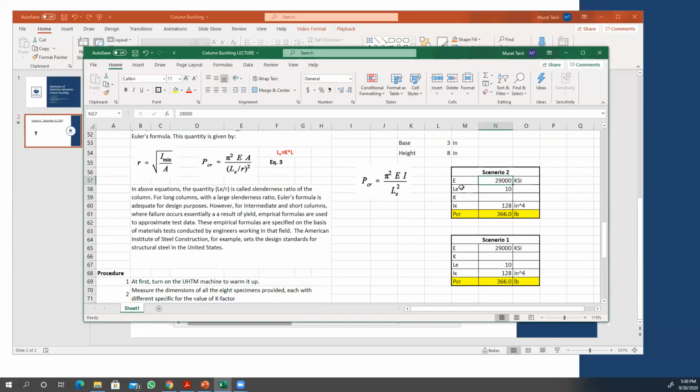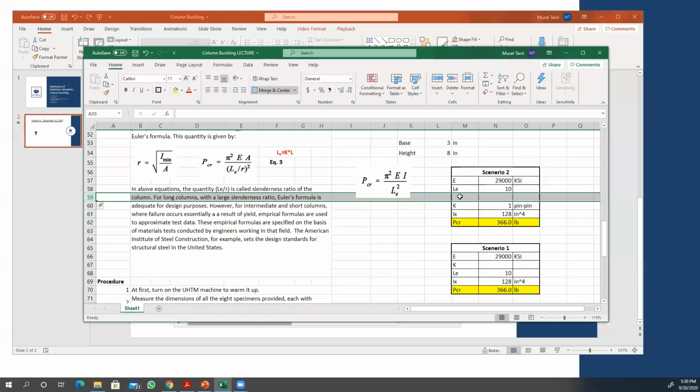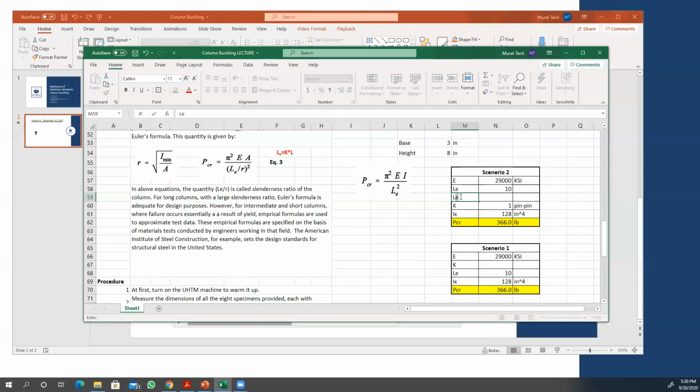Doing 9,000 KSI for both scenario 1 and 2, and the K value for this one, let's say this is pin connection. Pin. I need to add one more thing. It's going to be the original length of the column, L sub 0.